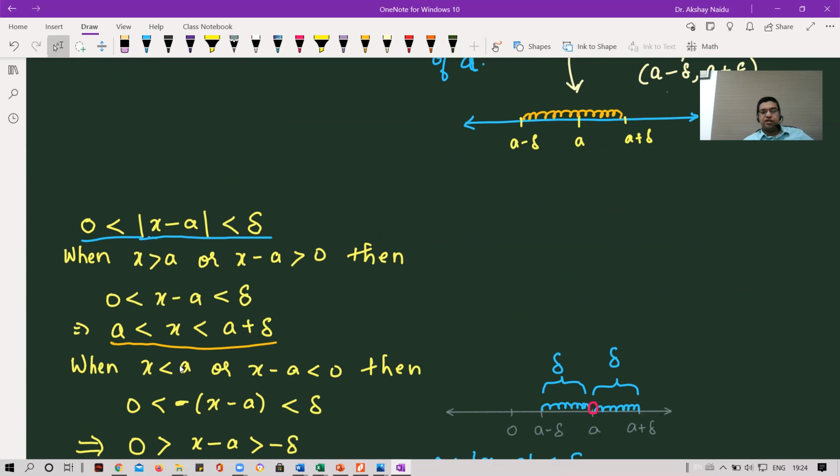You do x greater than A, then replace modulus of x minus A by x minus A only. Then you add A, you get x lies between A and A plus delta.